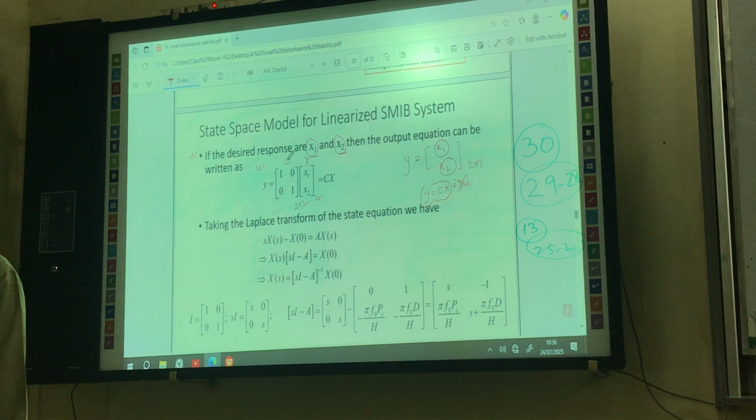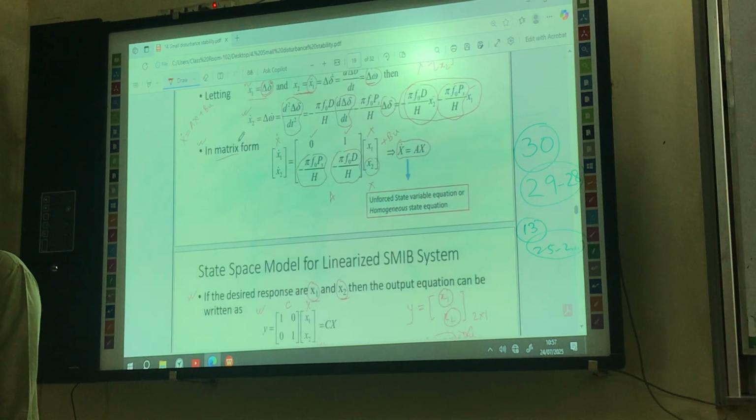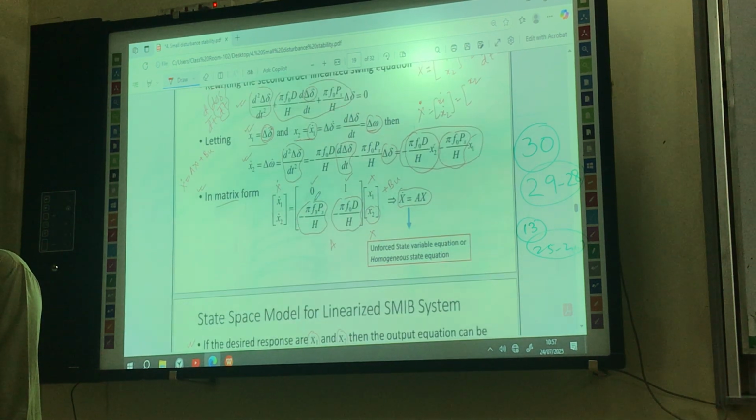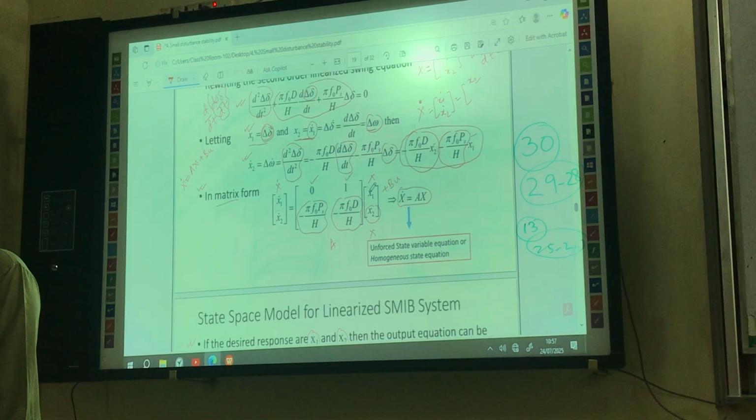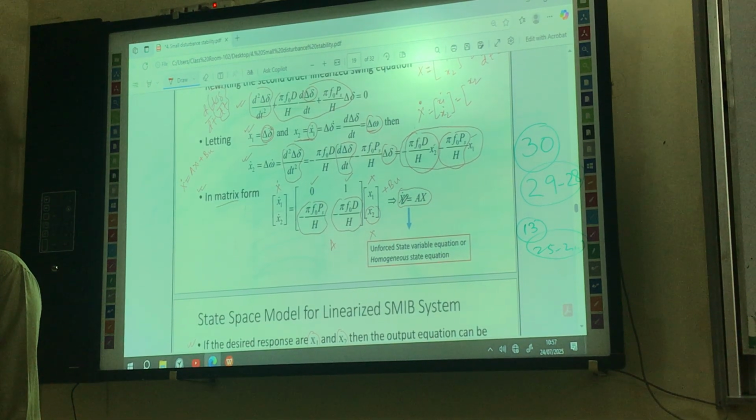Now let's go to the Laplace transform again for this state equation. We will apply the Laplace transform to this state equation, then apply the inverse Laplace transform to find del delta of t and del omega of t. Here our expression is the homogeneous state equation, or unforced state equation.